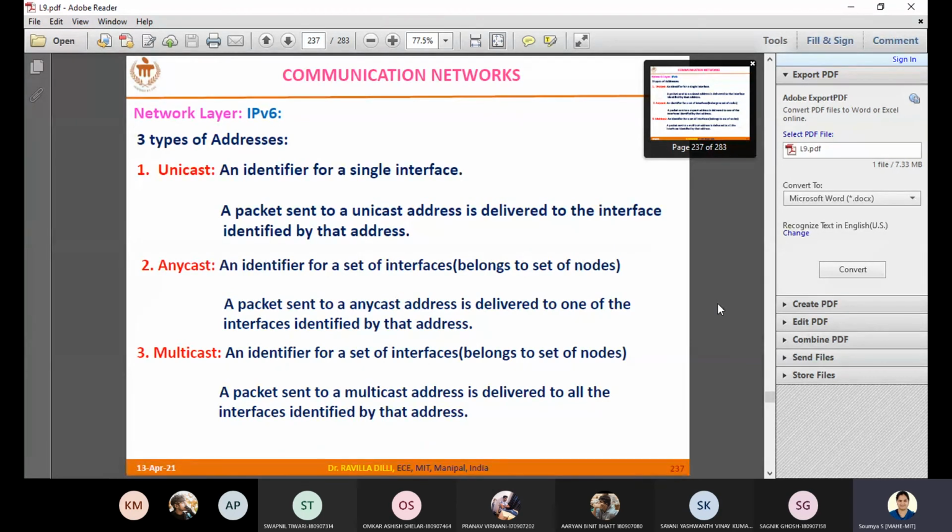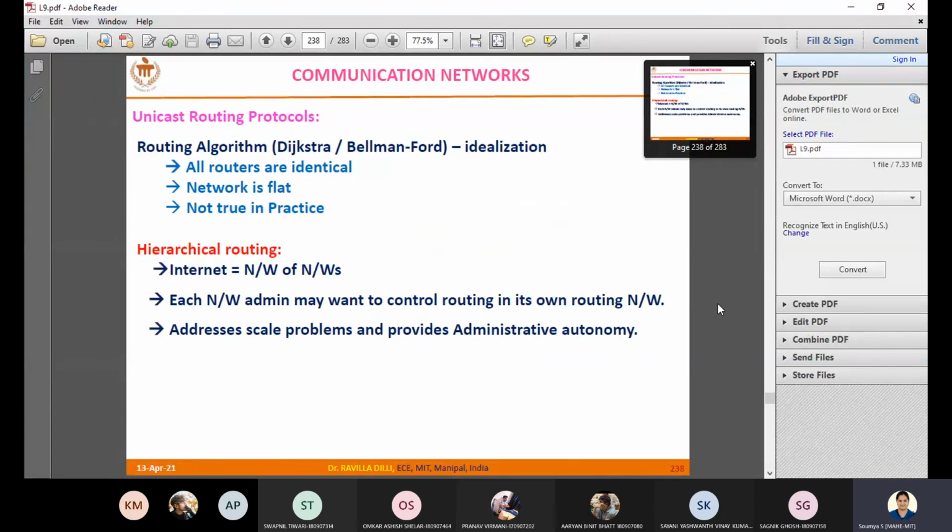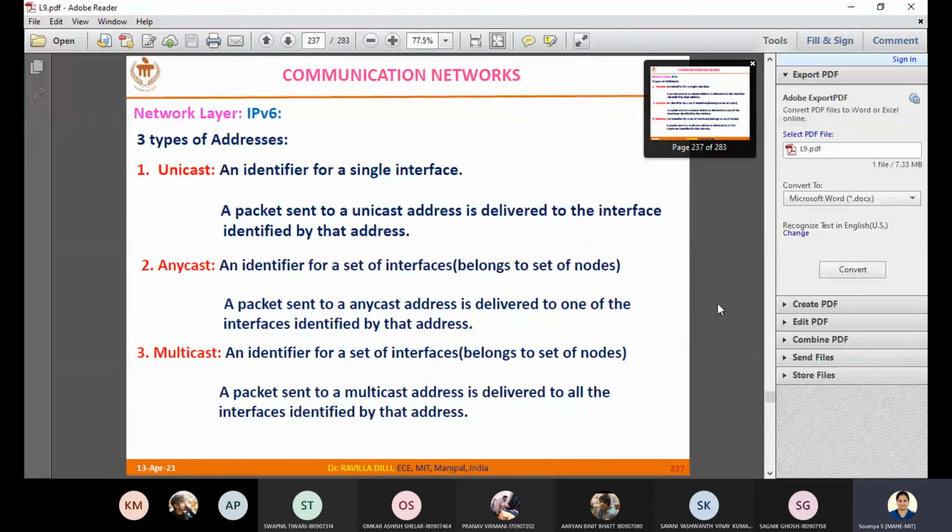So it belongs to a set of nodes. Okay, that is, let us say there are a group of interfaces that have been identified. It will be sent only to them. And multicast is an identifier for a set of interfaces, belongs to the node. A packet sent to a multicast address is delivered to all the interfaces identified by that particular address.